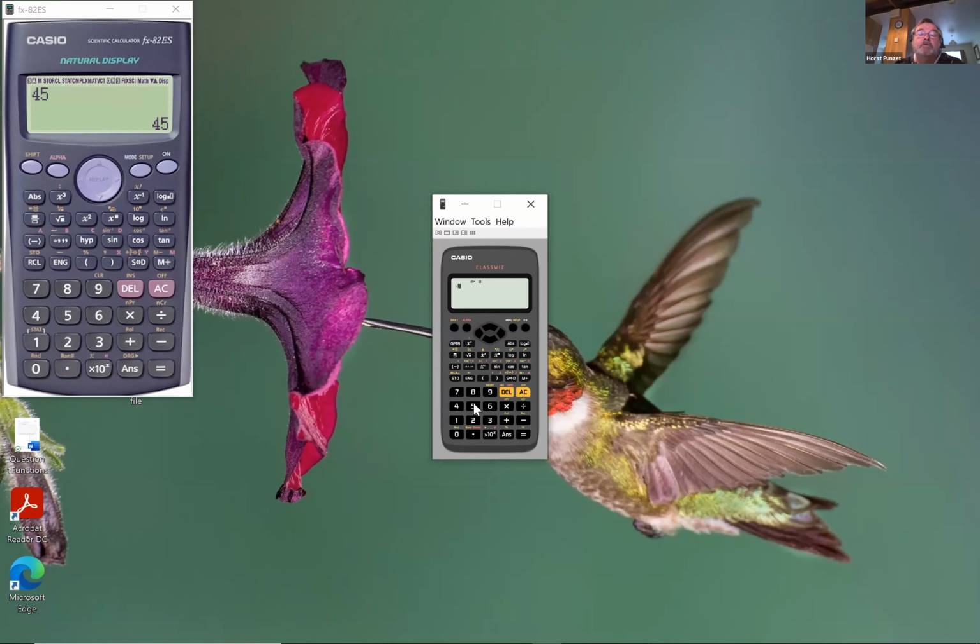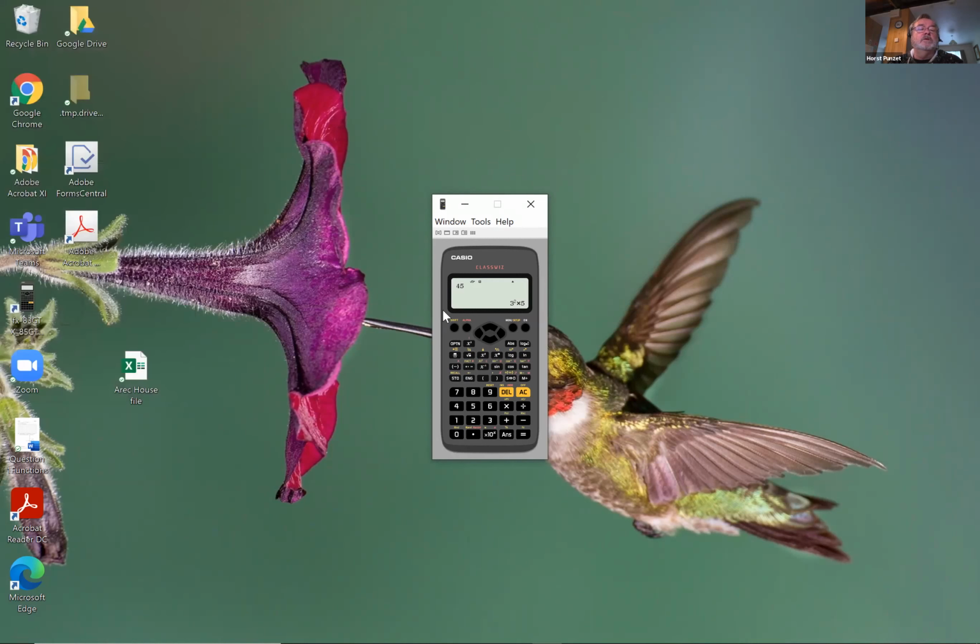And if I do 45 equals and then shift and fact, it will give me the factors there: 3 squared times 5. You can have 9 times 5, 3 times 15, and it will give you all of the prime factors, which is handy if you want to do prime factors. So is that okay? Sorry, that older machine doesn't have the fact button on, but this is the newer machine.